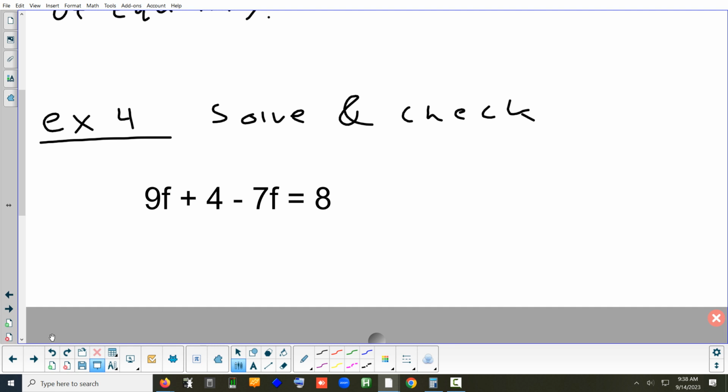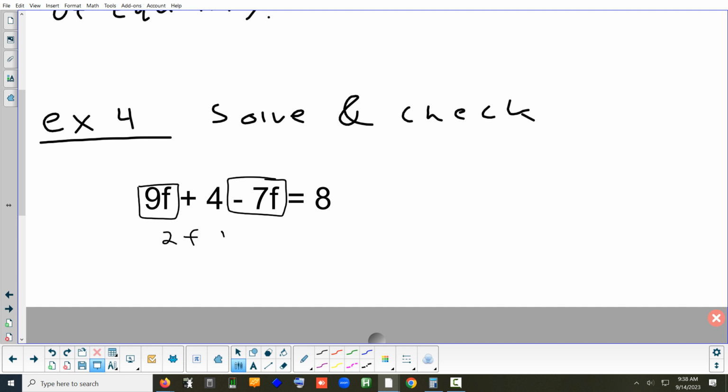What's the next thing we look for? Like terms. Combine like terms, CLT. Do we have like terms here? Yes, we do. What are they? 9f and negative 7f. What do you get when you combine 9f and negative 7f? 2f. What else is still on the left side?